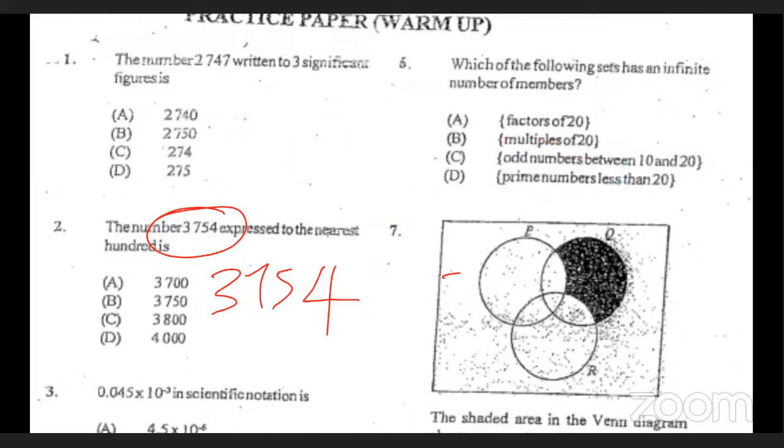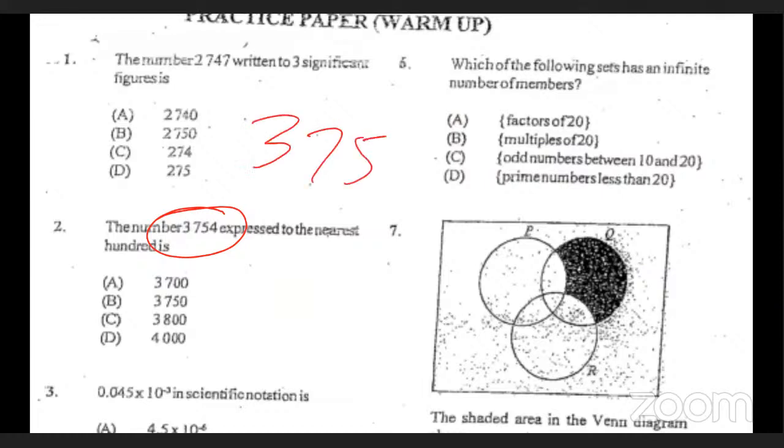So the other way is to take the 3,754. We're rounding off to the nearest 100. So that's ones, tens, 100, 1,000. We're going to round off to the nearest 100, which means that we're going to draw our line after the 100 digit.